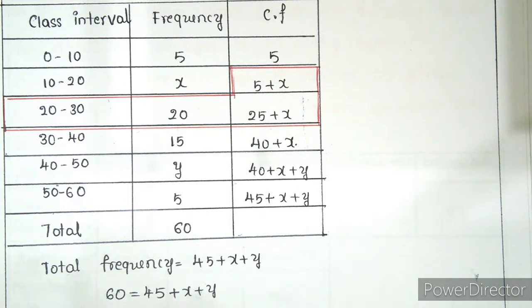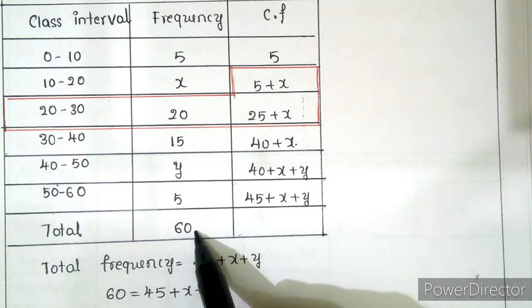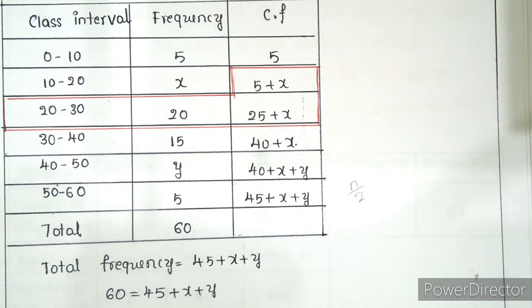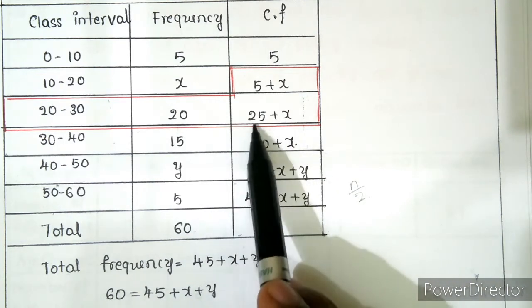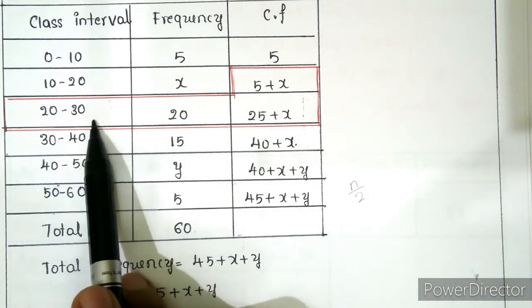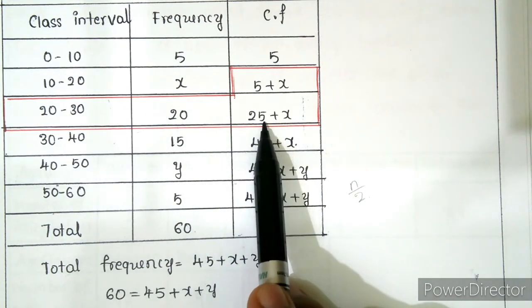Since total you have 60, n by 2 you get 30. So clearly it comes in this class 20 to 30. You see that 25 is already here.